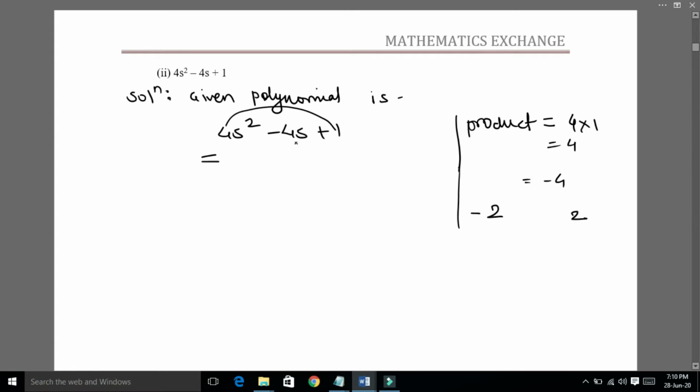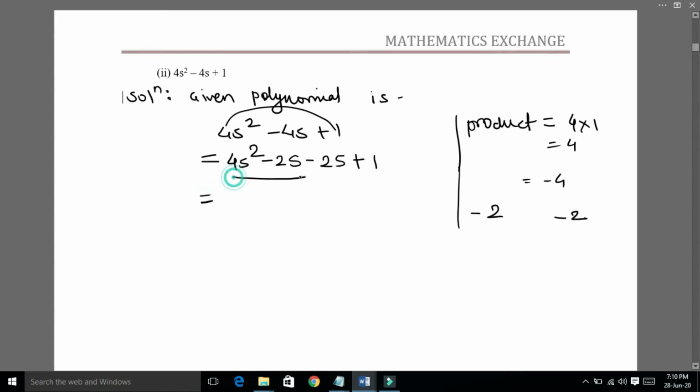Since the middle term is negative, we apply a negative sign to both the numbers. So we get minus 2 into minus 2 is plus 4 and minus 2 plus minus 2 is minus 4. So by splitting the middle term, write down the first term of the polynomial as it is, split the middle term, so we get 4s square minus 2s minus 2s plus 1.